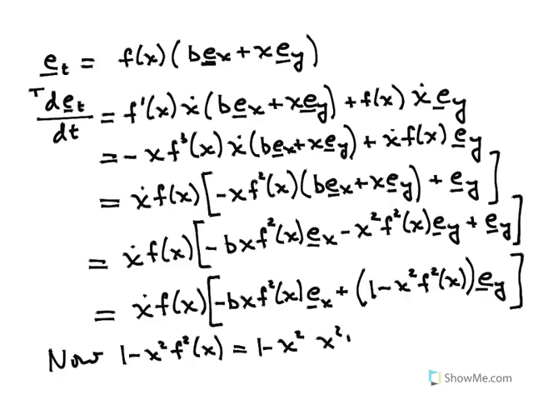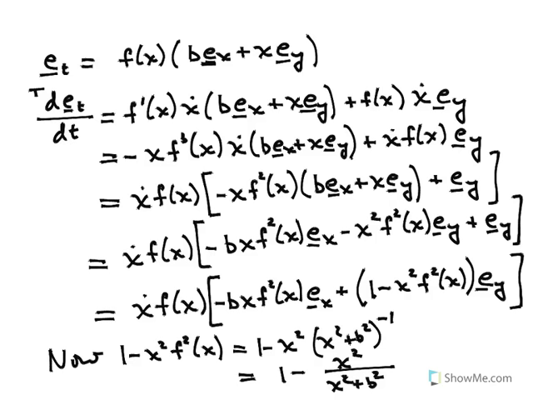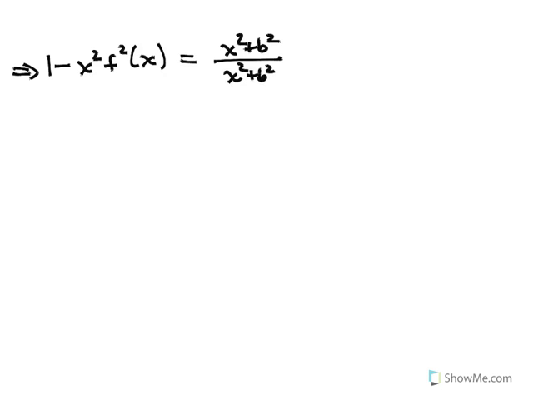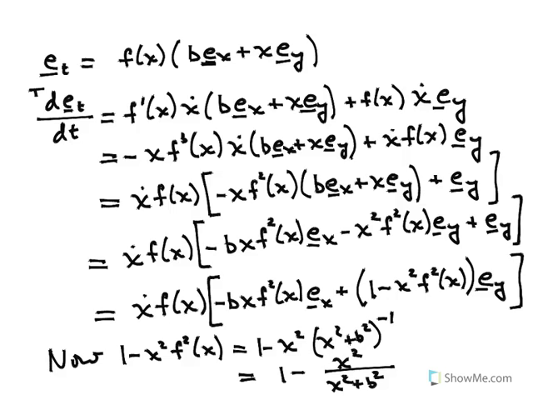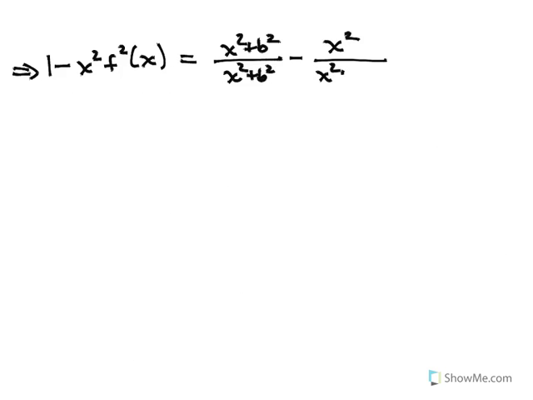That is then equal to 1 minus x squared all divided by x squared plus b squared, which, if I rewrite this, since 1 is equal to (x squared plus b squared) divided by (x squared plus b squared), gives me (x squared plus b squared) divided by (x squared plus b squared) minus x squared divided by (x squared plus b squared), which gives me b squared all divided by x squared plus b squared.